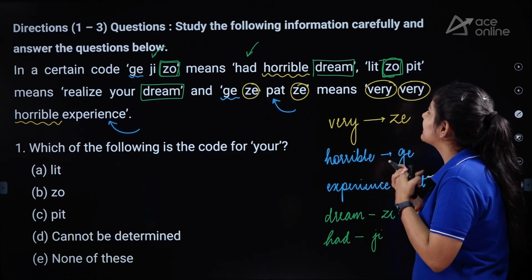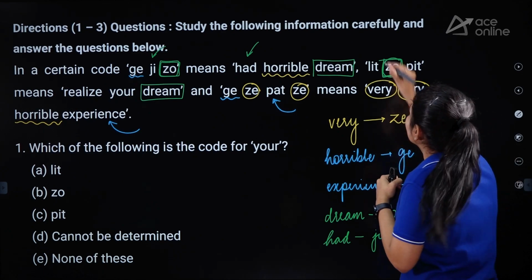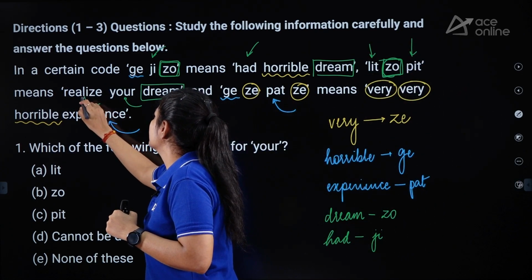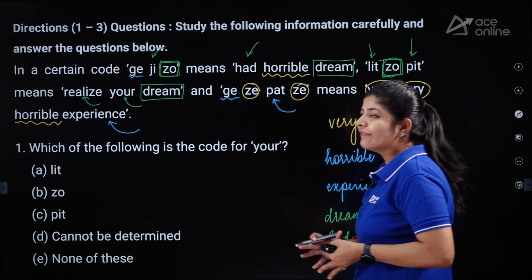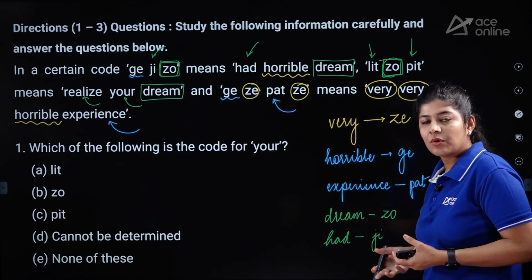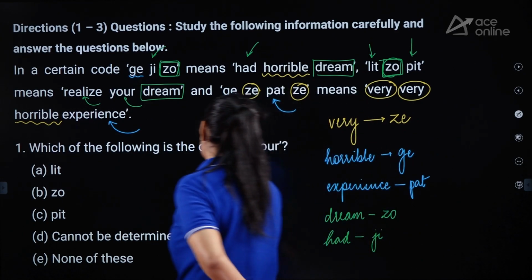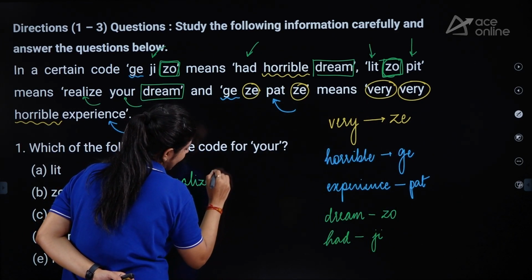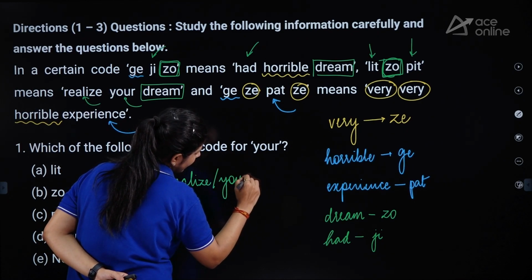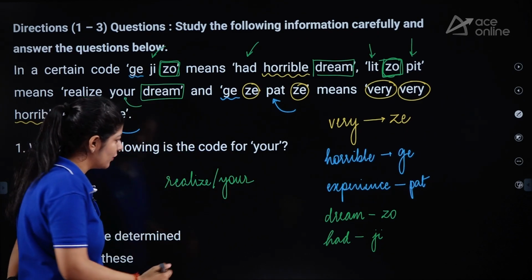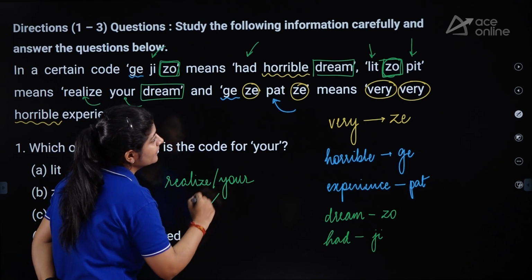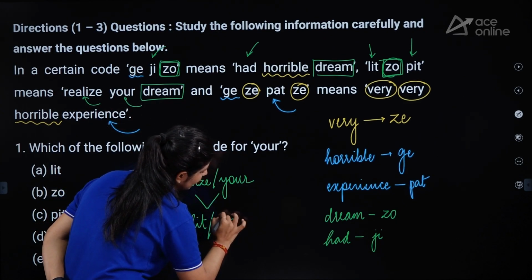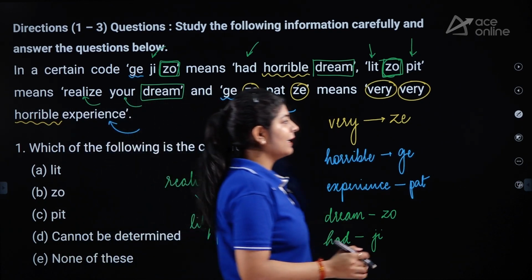But in the next line we are having two words and here also we are having two words. So are we able to determine the exact code? No. So basically we can say that for realize and for your, we are not having the fixed code, but we can say that either lit is the code or pit is the code, but the exact code can't be defined.